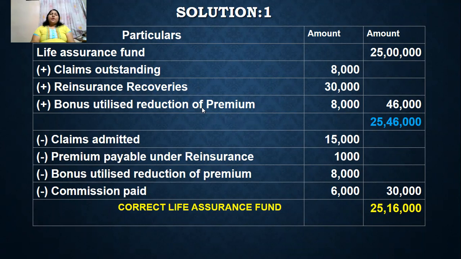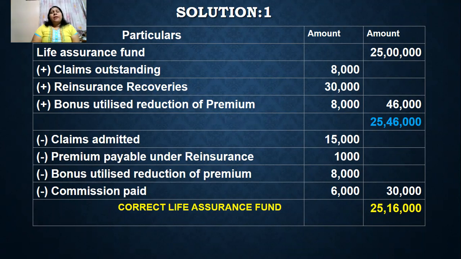Why are we adding as well as deducting bonus utilized in reduction of premium? It can be either an income or an expense, because I already gave the real meaning in the previous slide.